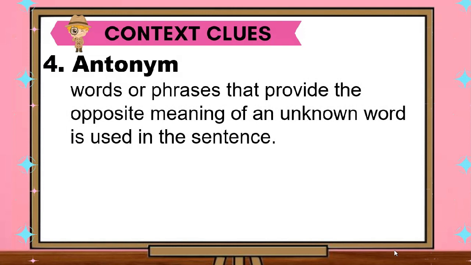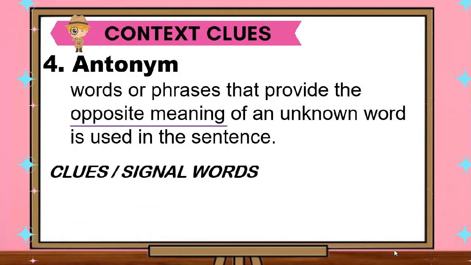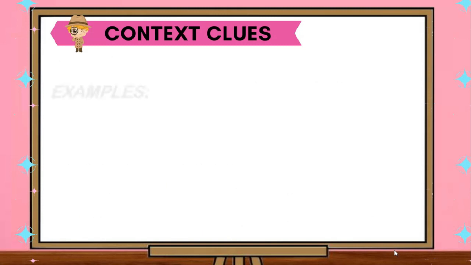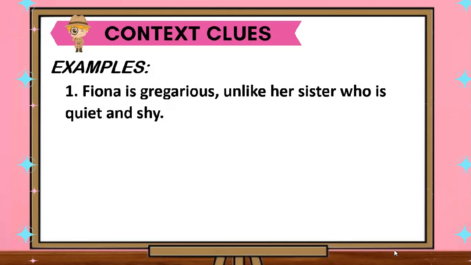In the same way, an antonym or an opposite can convey meaning. The signal words for this type of context clue are but, however, although, otherwise, unless, on the contrary, and a lot more. Let us have some examples.